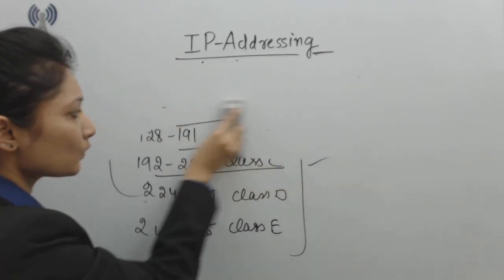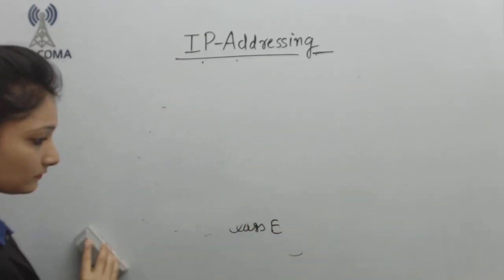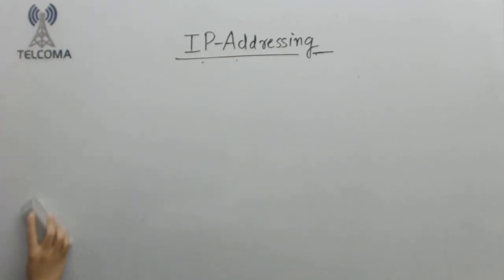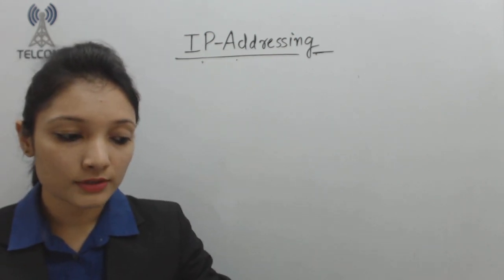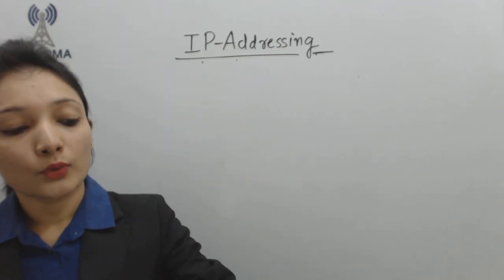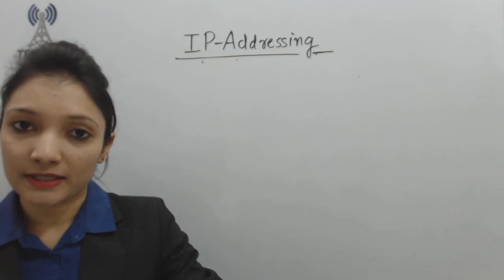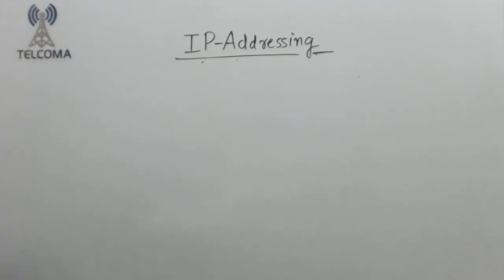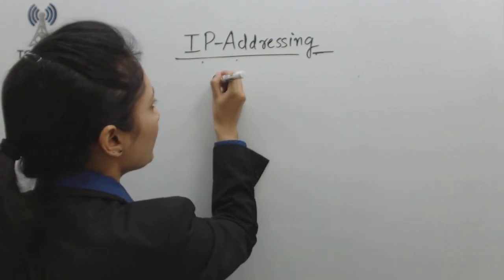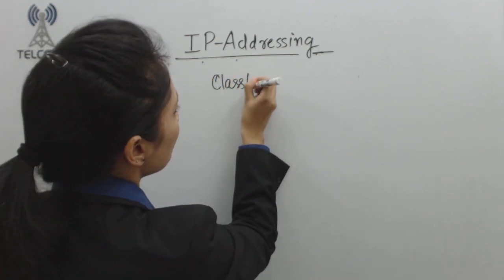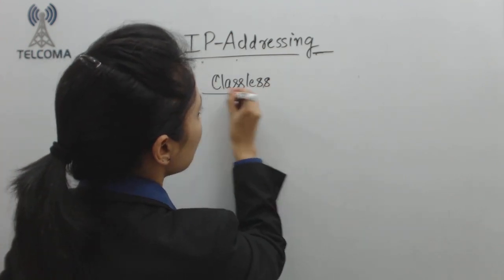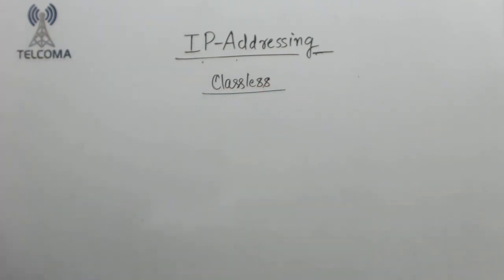So in classful, we had a defined criteria, like from 0 to 126 class A with such a number of hosts. Then from 128 to 191 you have class B, with a definite number of networks and this amount of host IDs. Now a new addressing scheme which was devised is classless addressing.